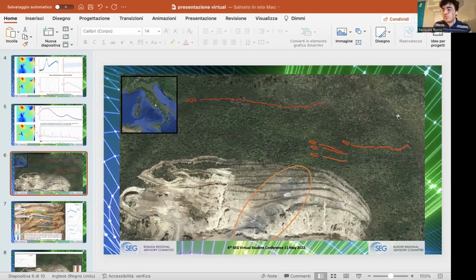So maybe in the future, with the help of a drone platform, we will be able to test if this method could be used also for the detection of a fault. But now we don't know because we haven't tried it.